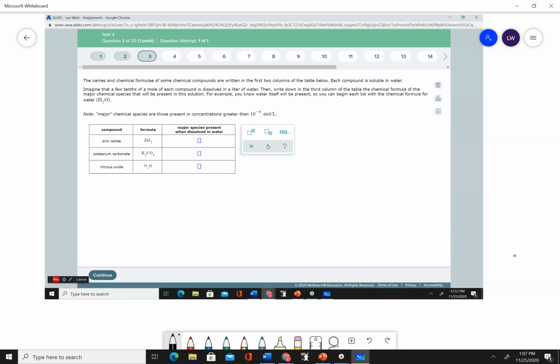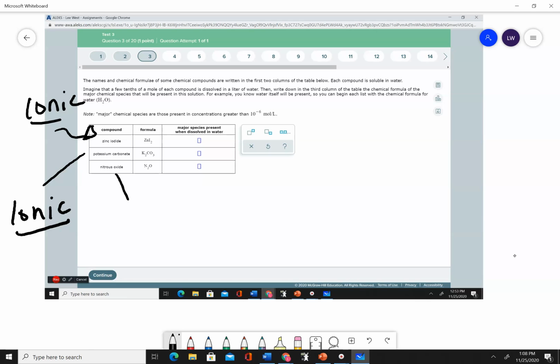So zinc iodide, the formula begins with the metal zinc. So I know that that one is going to be ionic. Potassium carbonate. Potassium's a metal from group 1A, so I know that potassium carbonate will also be ionic. And then finally, nitrous oxide. Nitrogen is a nonmetal.